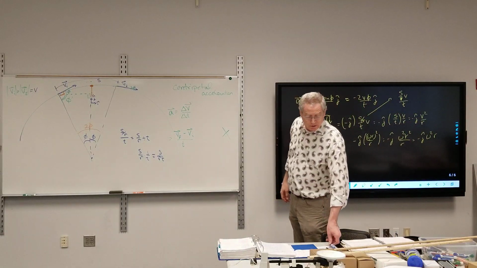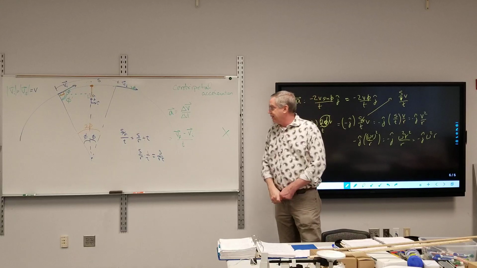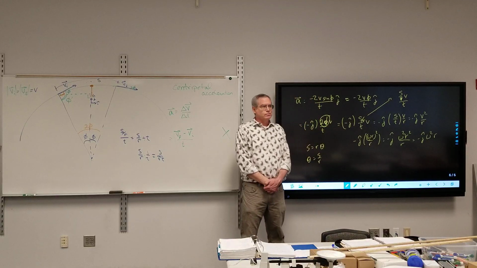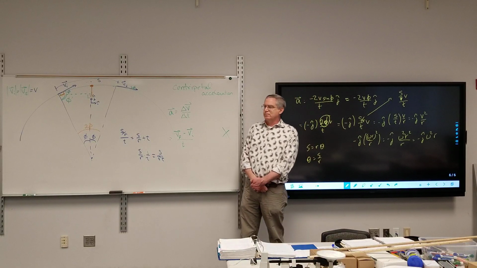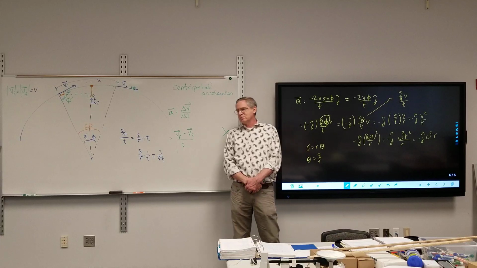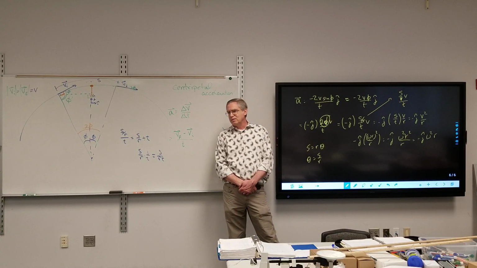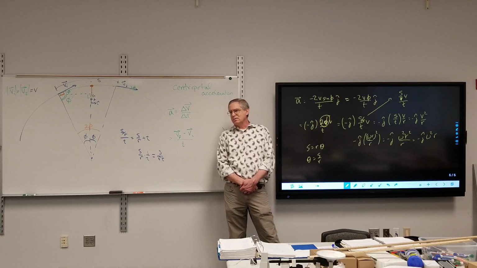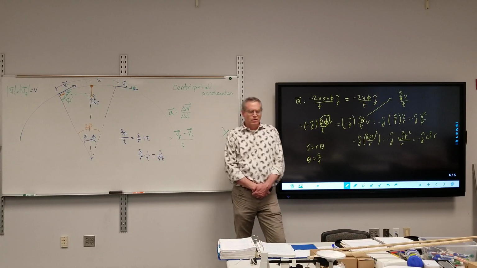Other questions? Please don't erase that, by the way. When you're talking about how negative j hat times 2 phi V divided by t is equal to the arc length divided by the radius, I don't quite understand that.